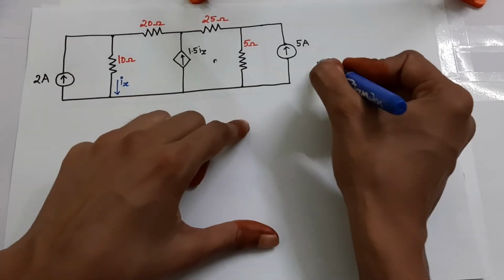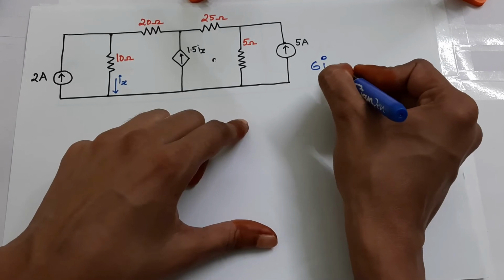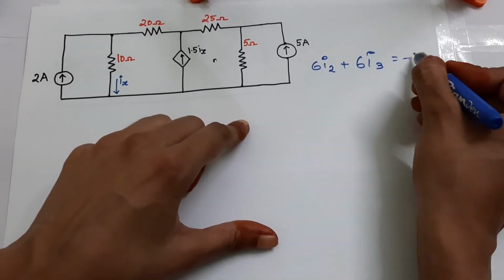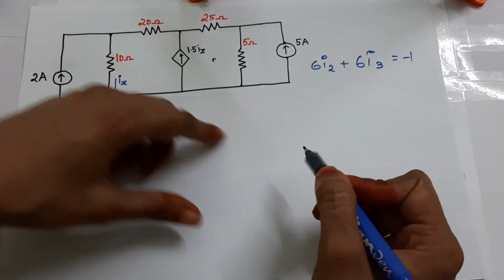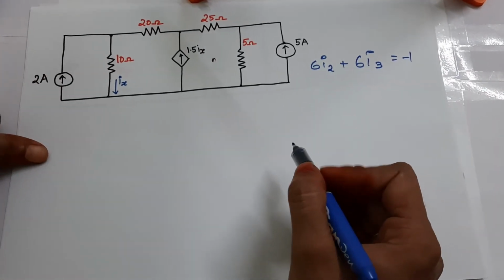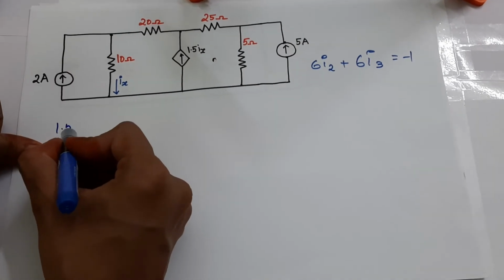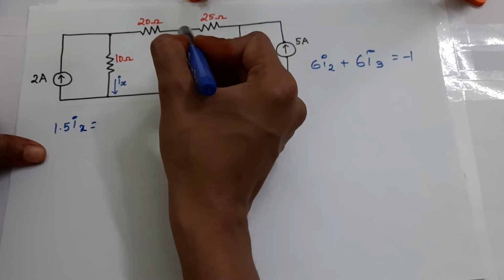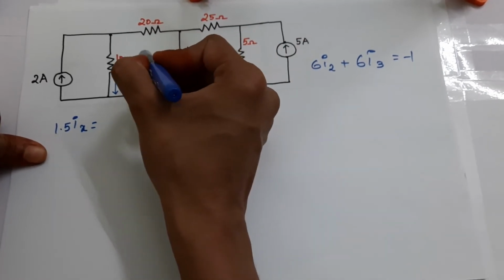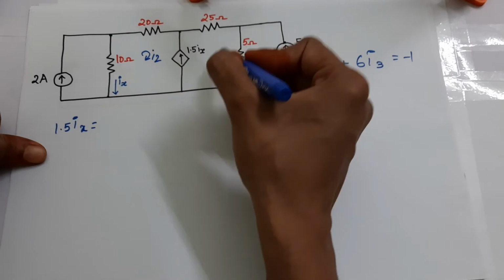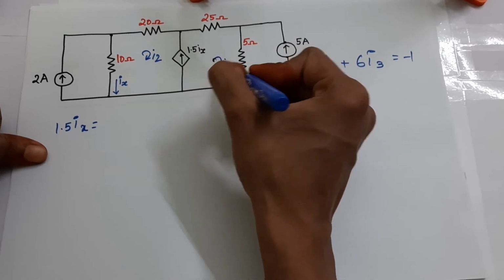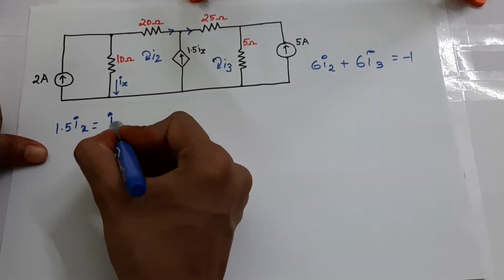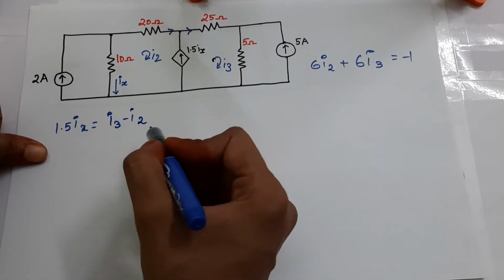We already formed the equation which is 6 I2 plus 6 I3 is minus 1. This was our first equation. By nodal analysis, we can say that 1.5 Ix is equal to, I assume that this is I2 and this is I3, so 1.5 Ix is I3 minus I2.